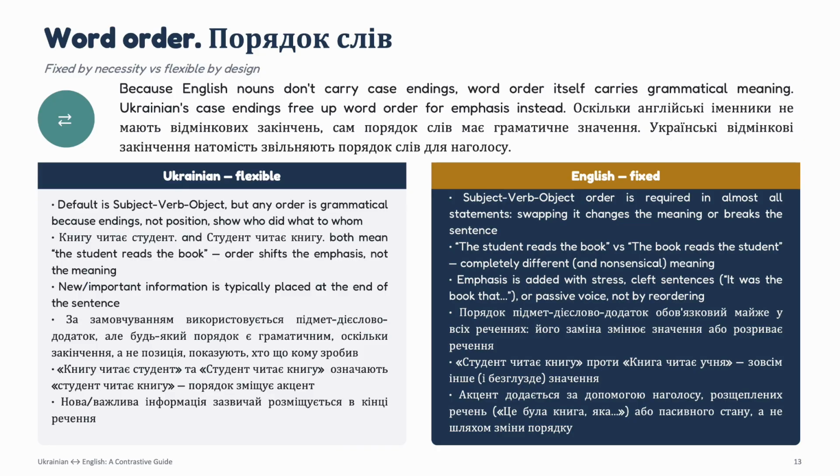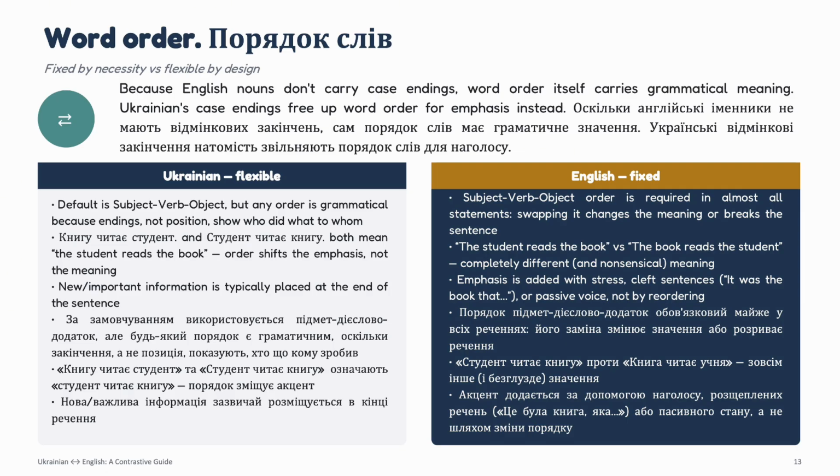So if we say книгу читає студент, the emphasis here is on the word книгу, the book. But if we say студент читає книгу, the emphasis is more on the word student. Okay, and in English, subject, verb, object order is required in almost every statement. If we swap it, we can get nonsense or a completely different meaning.